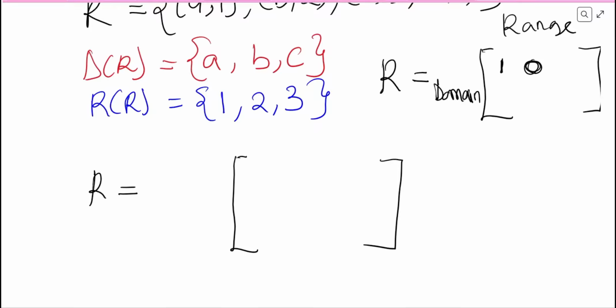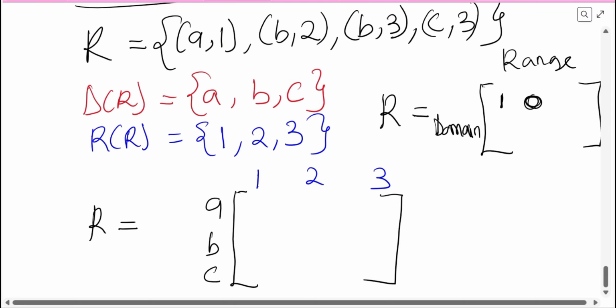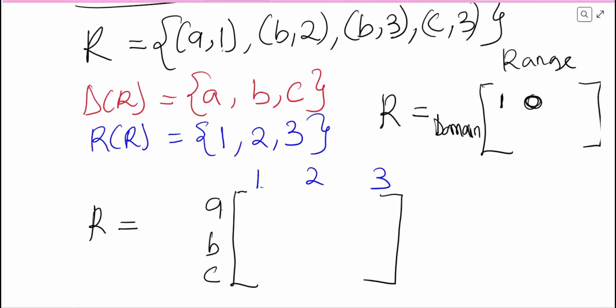So here, I'll put the domain here, A, B, C. And I'll put the range 1, 2, 3. Then I check. Is A related to 1? I check, is A related to 1?